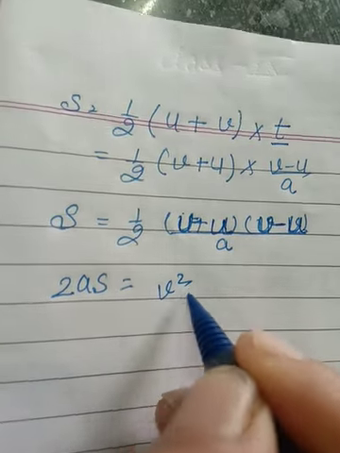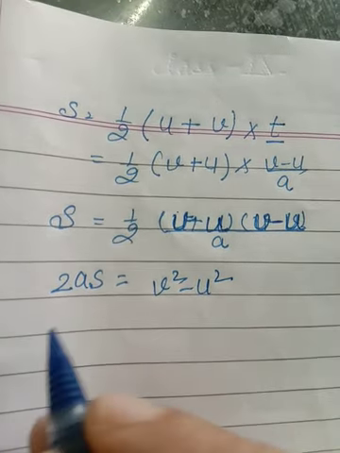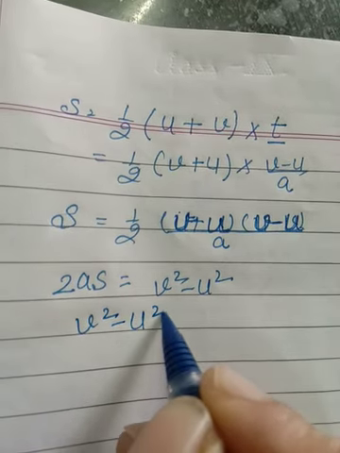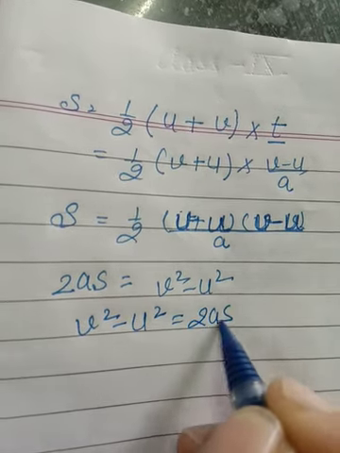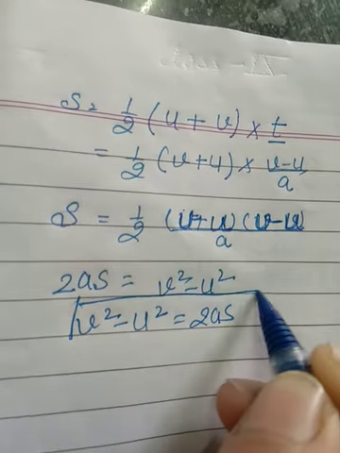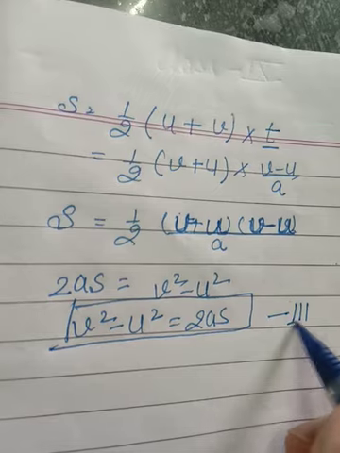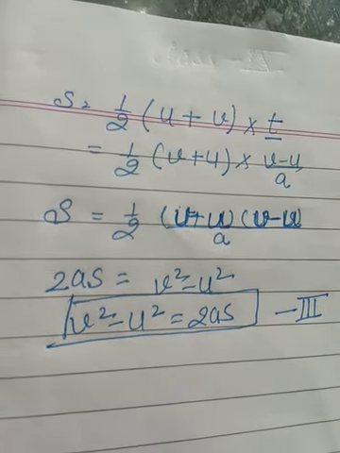So V square minus U square equals 2AS. This is the third equation of motion, also called the position velocity relation.